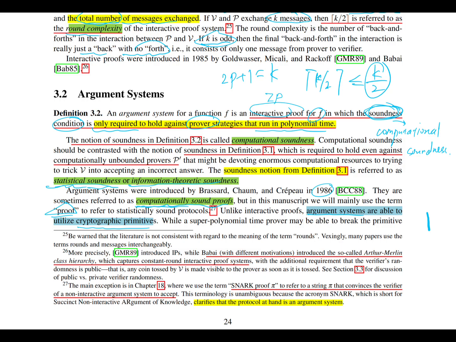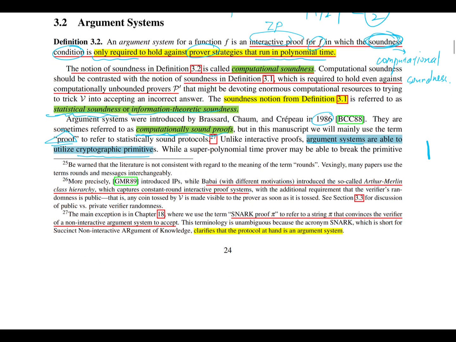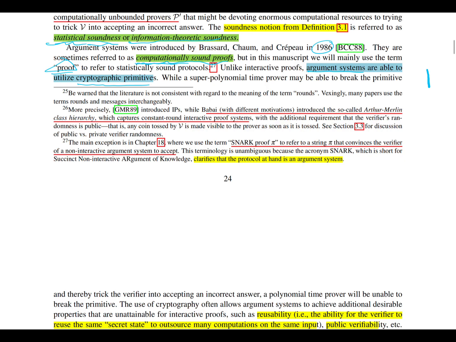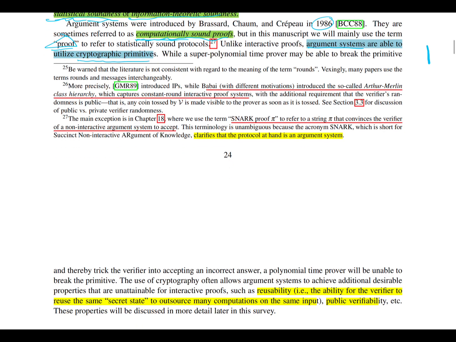This is where cryptography is being used. A super polynomial time prover may be able to break the primitive, so it can trick the verifier into accepting an incorrect answer.